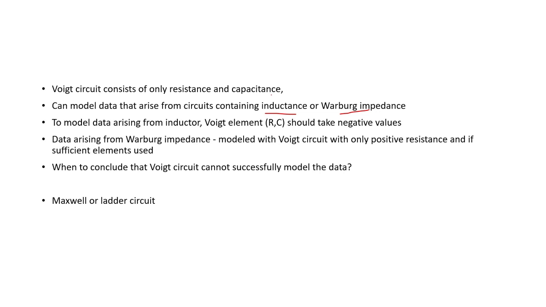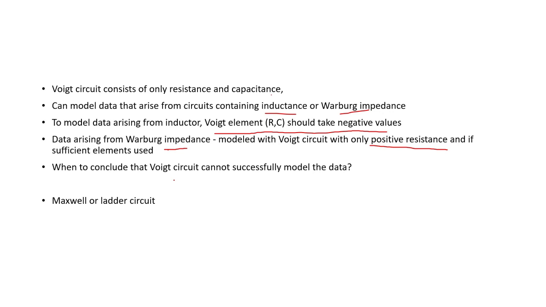If your circuit representation has an inductor or a Warburg, is it possible to use a Voigt element? Yes, of course you can use it, but the Voigt element should take a negative value. The data arising from Warburg impedance can be modeled with a Voigt circuit with only positive resistance. So if a Warburg impedance comes into play, in order to model using a Voigt circuit, I should use only positive resistance.